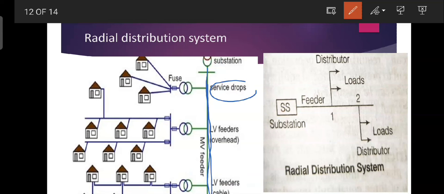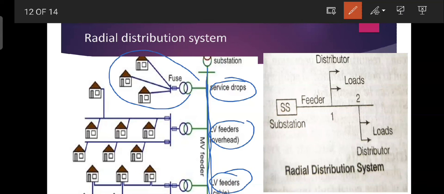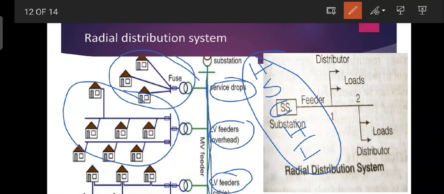This is our service drop and low voltage feeder overhead, and this is also low voltage cable. By tapping of this, many of our consumers like hospital, school, college, home, industry are all connected over here.